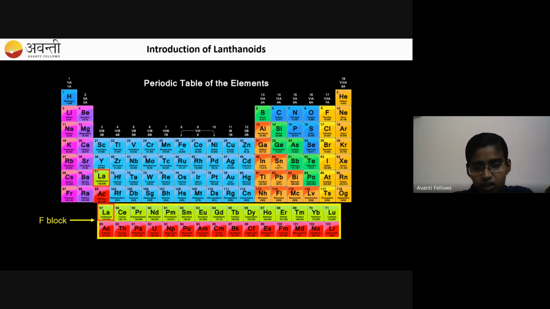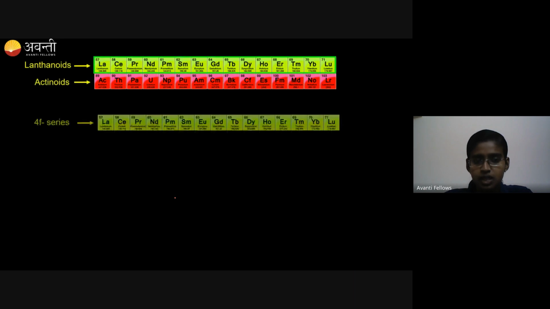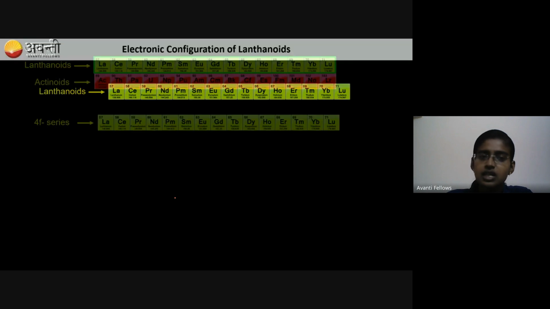And the actinoids start from actinium and end with lawrencium. These two rows consist of F block, and the first row is called lanthanoids. The second is actinoids.